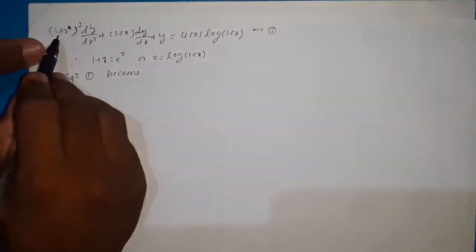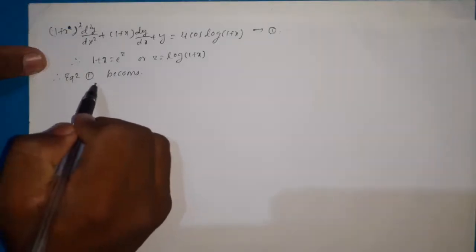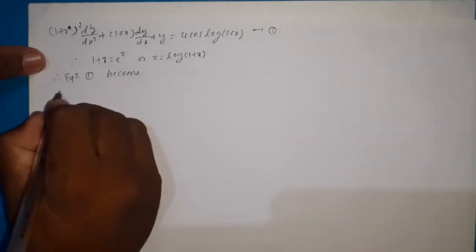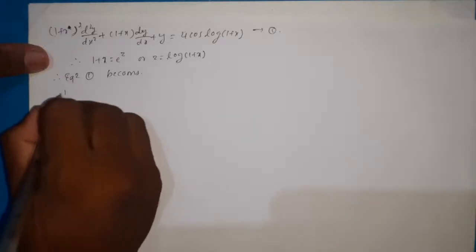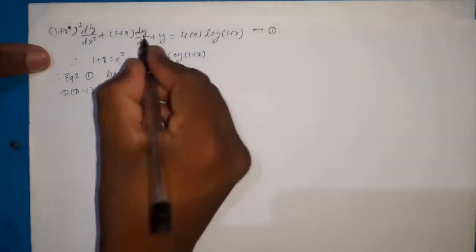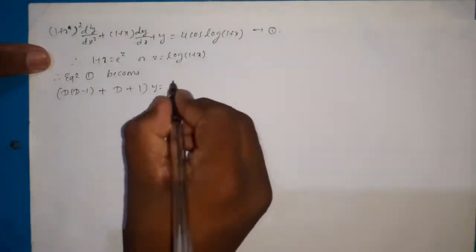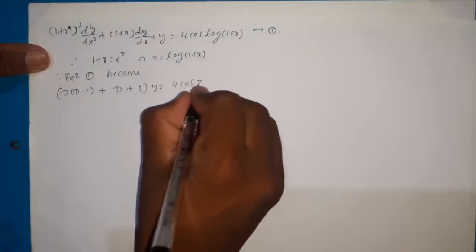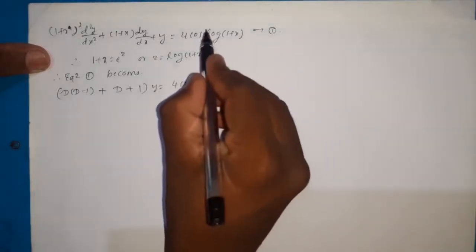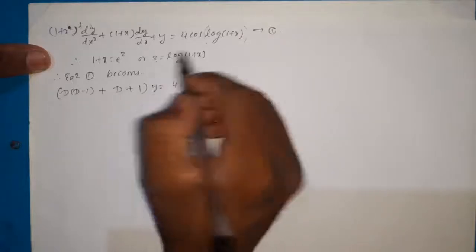so here it is (a plus bx) whole square, means we need to write b square d into (d minus 1), that is b square is 1 itself, so then d into (d minus 1) plus, here it is (d plus 1) into y equal to 4 cos z, because this log of (1 plus x) is equal to z.